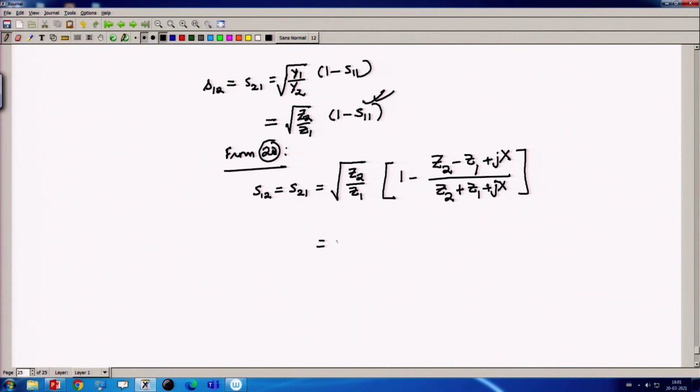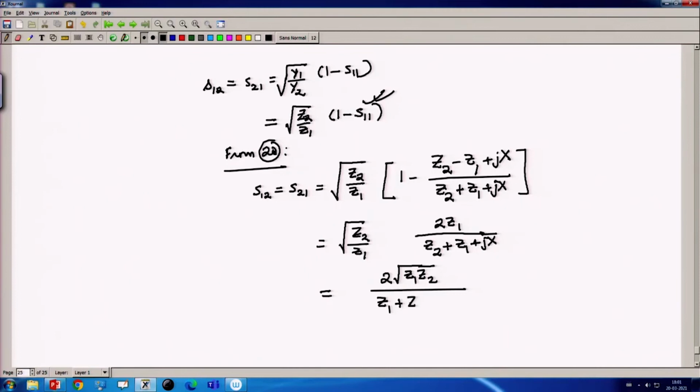and that leads me to root of Z 2 by Z 1 times 2 Z 1 by (Z 2 plus Z 1 plus j x), and that becomes equal to 2 root Z 1 Z 2 divided by (Z 1 plus Z 2 plus j x).